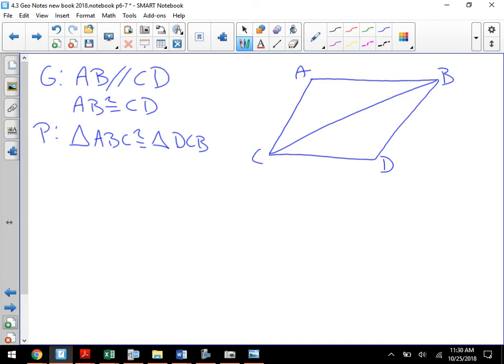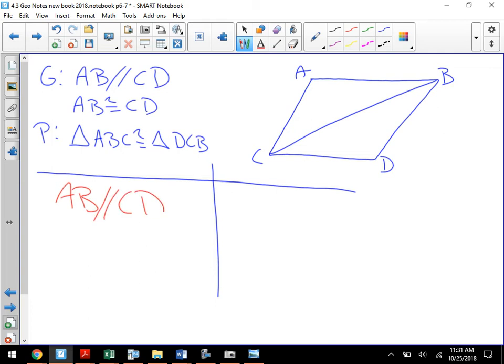Once again, you start with the parallel. When you start with the parallel, what should you do to your diagram? Mark it. Make your Z. That gives you your angles.